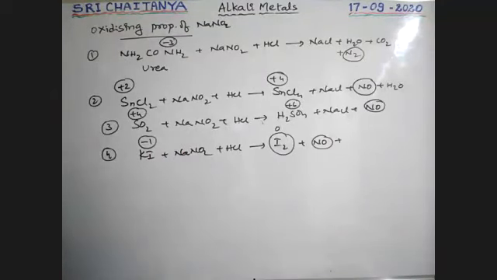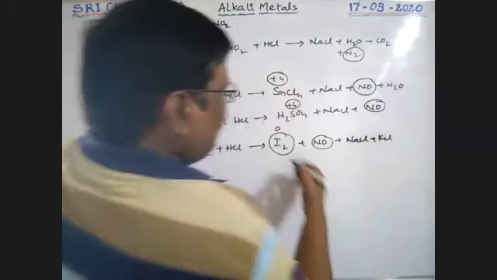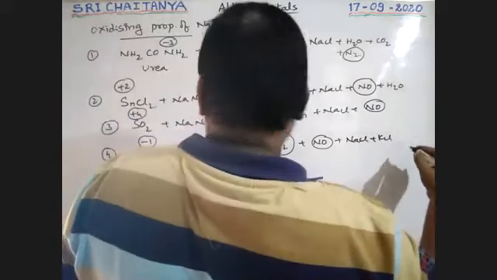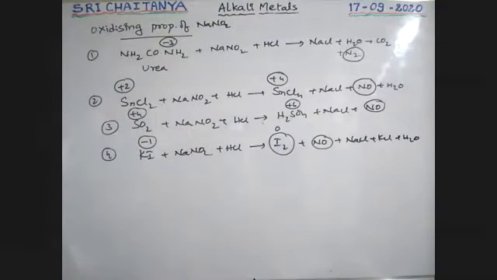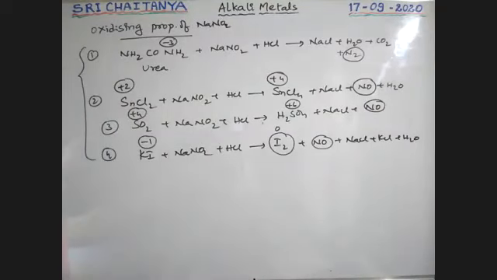So once again, the products are NaCl, KCl, I2, NO and H2O. Water is formed because hydrogen is there. These are all the oxidizing properties of NaNO2.